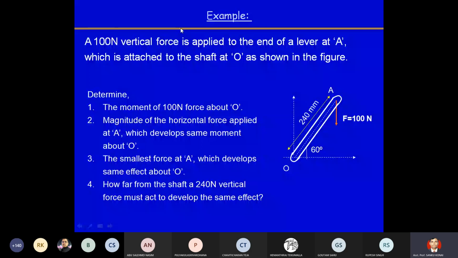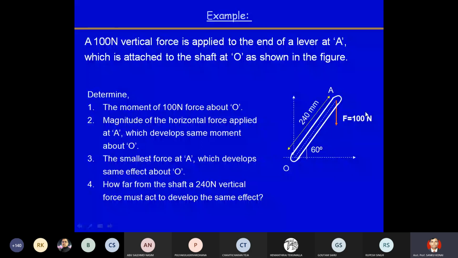Now there are multiple questions you have to answer. The first is the moment of the 100 Newton force about O. This is very simple. How to find the moment? This is the force and we have to find the perpendicular distance, and if we multiply, we'll get the moment.